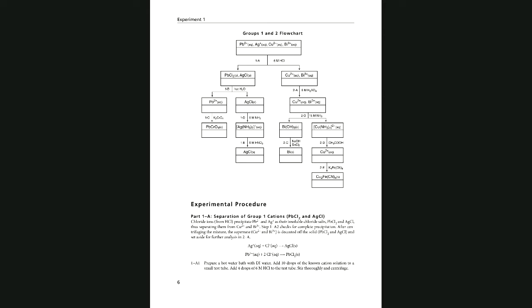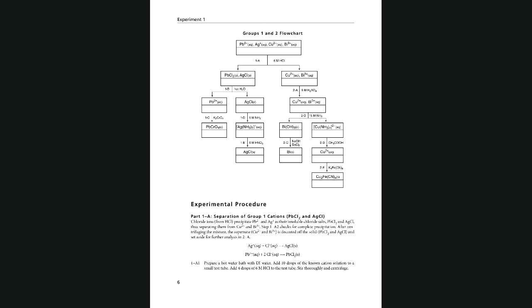It changes to lead ion and chloride ion again. It's not easy to find out because it's a white or colorless solution. So you use centrifuge again, you separate the liquid, and to the liquid, if you add chromate ion, it would give you yellow precipitate of lead chromate.